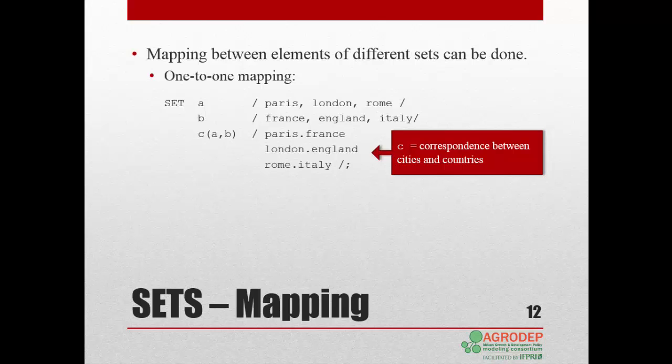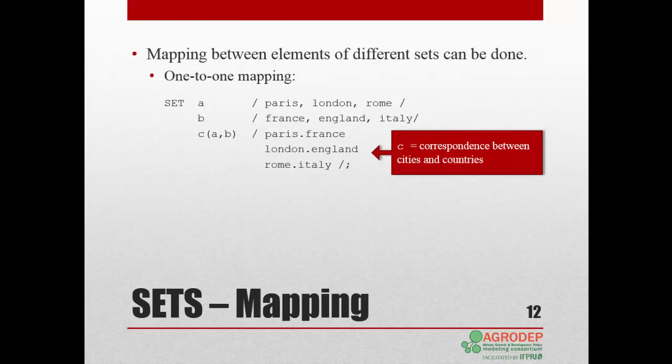The listing of elements, as for other sets, is enclosed between slashes and separated by a comma or an end of line. Each element is a combination of an element from the first set A and an element from the second set B, separated by a dot.